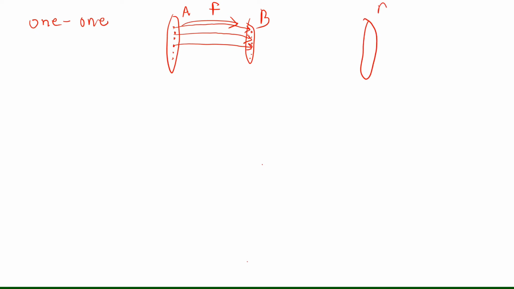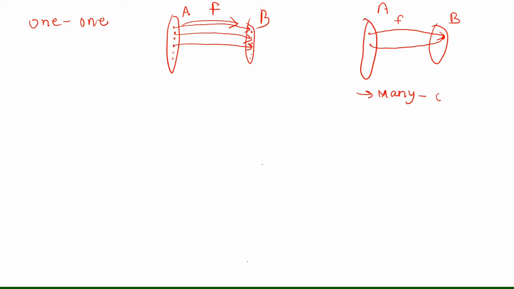One-one. Now, a function from A to B is said to be one-one if every element of A is connected to at most one element of B. So, when I say at most one element, it means exactly one element or no element of B. So, there might be some elements which are not connected to B. Now, suppose you see this example where two elements are connected to a single element of B, then this is not one-one, it is said to be a many-one function.